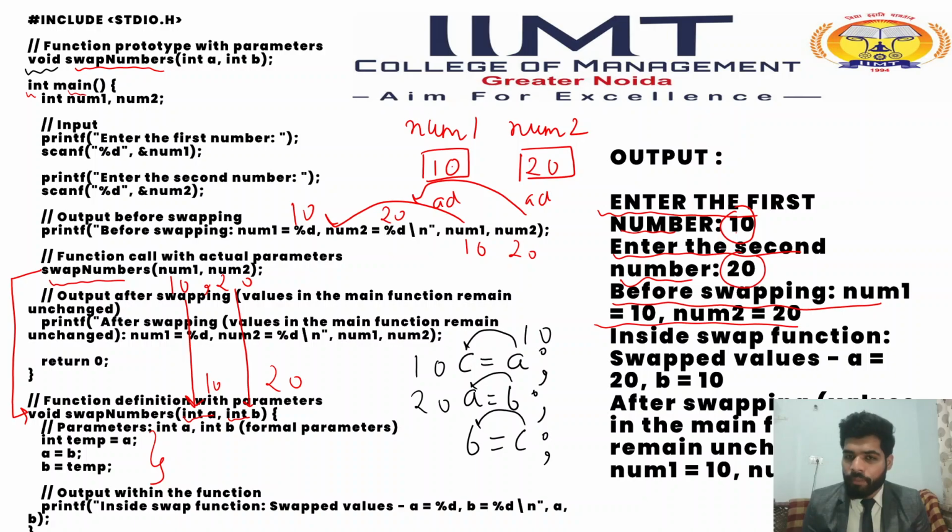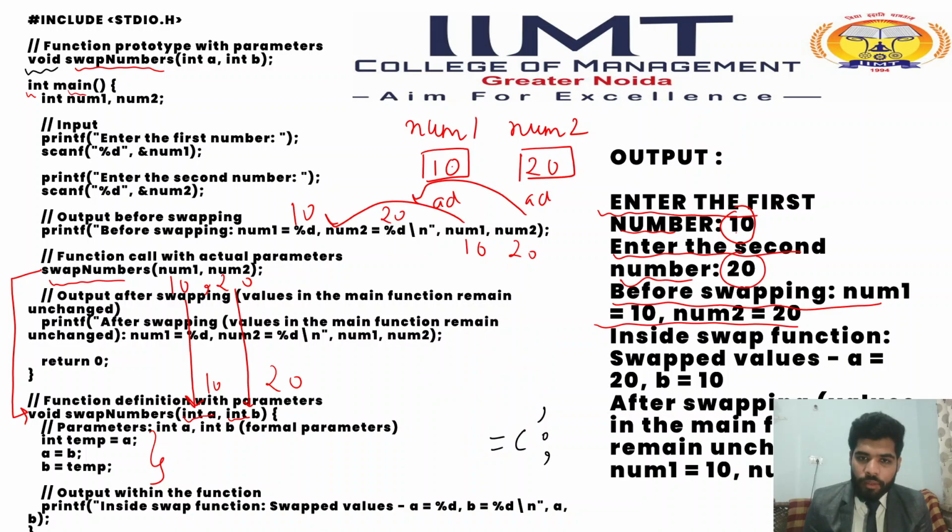The value of c is 10, so now b equals to 10. This is how the swapping has worked. That's what we have written in our program. Here we have also made a third variable, int temp equal to a, a equals to b, b equal to temp. So this is how the swapping worked.